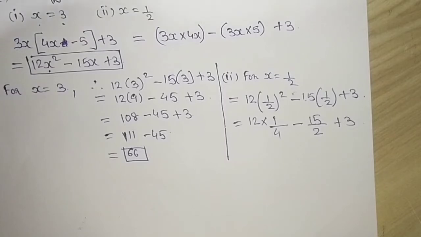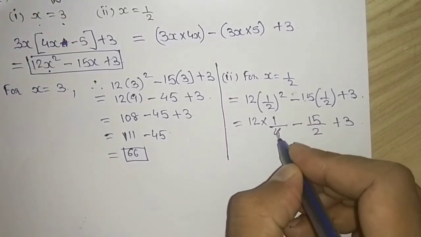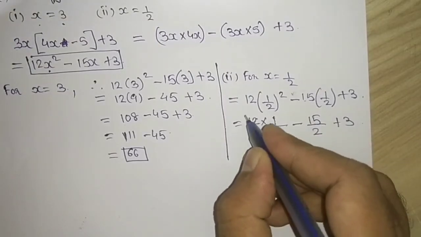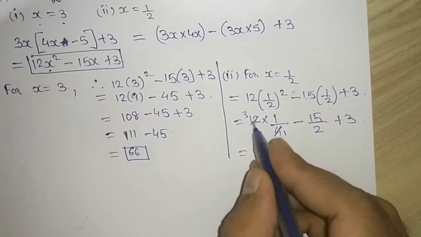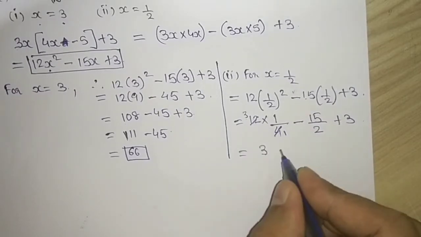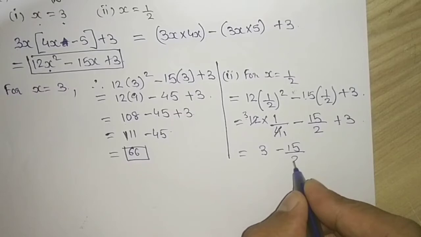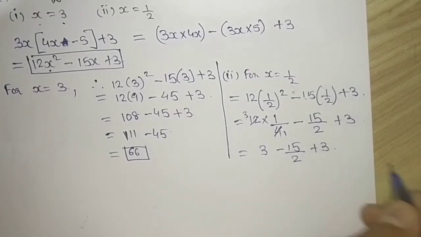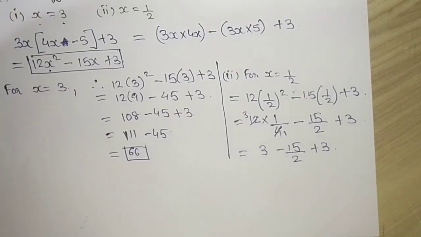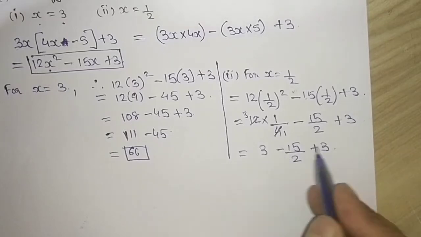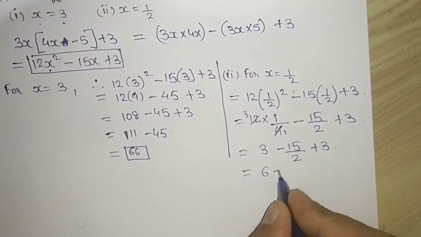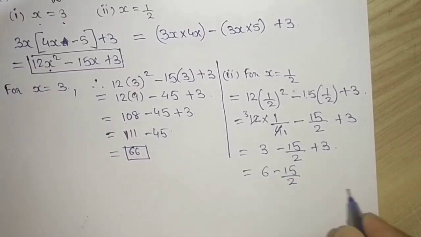Now I can cancel out this one, 4 1s and 4 3s. So I will get 3 minus 15 divide by 2 plus 3. So what I will do, I will add these two. I will get 6 minus 15 divided by 2.